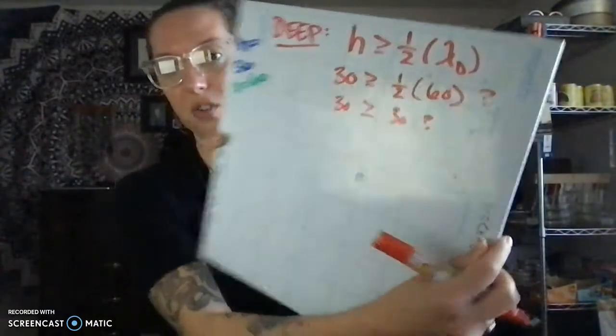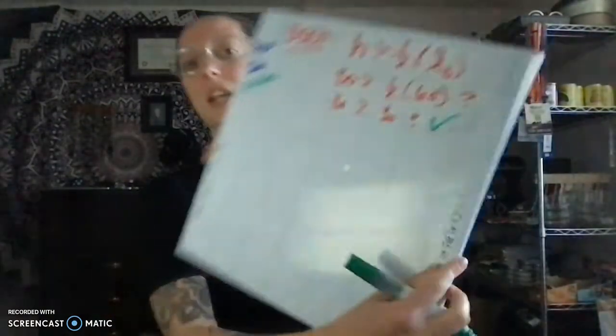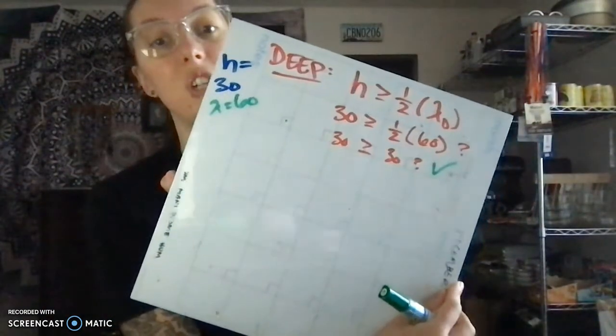So is 30 greater than or equal to 1/2 of 60, which happens to also be 30? Is that true? Yes, it sure is. So this is actually a really good example. The first relationship I went through, yes, that's true, but just for funsies let's go through each relationship just in case.